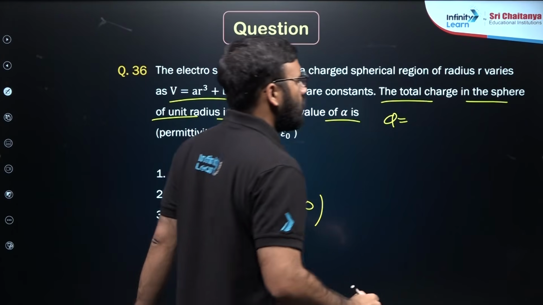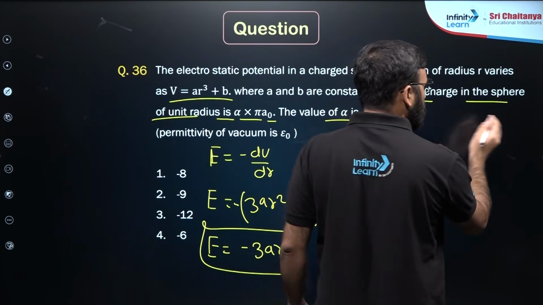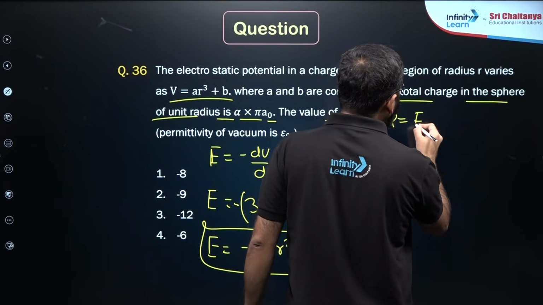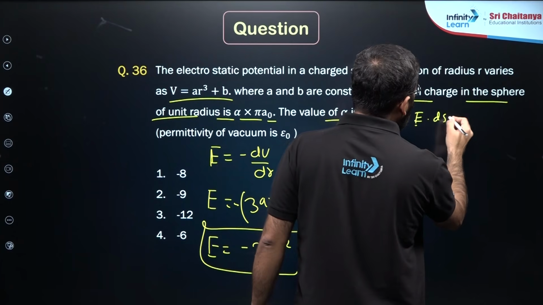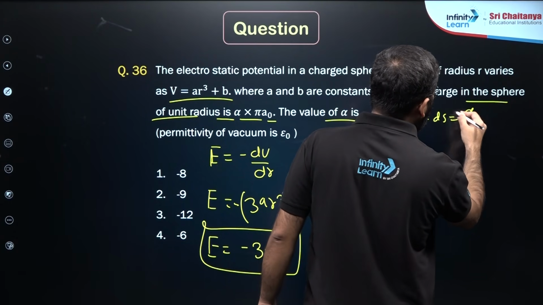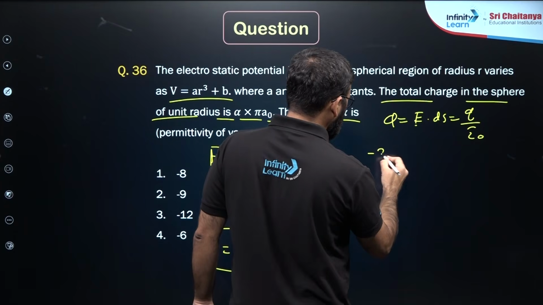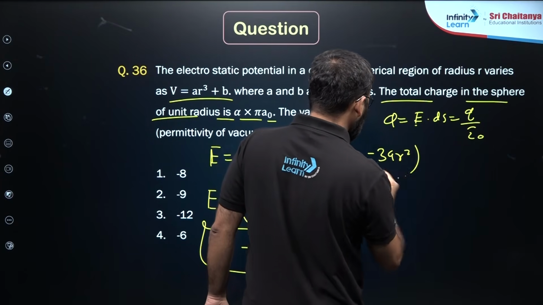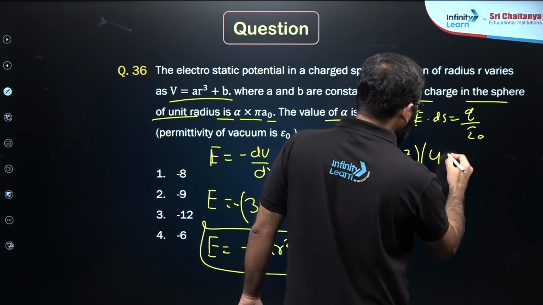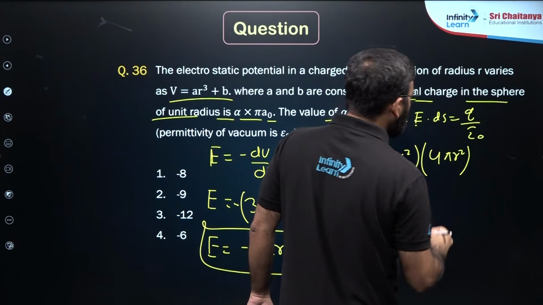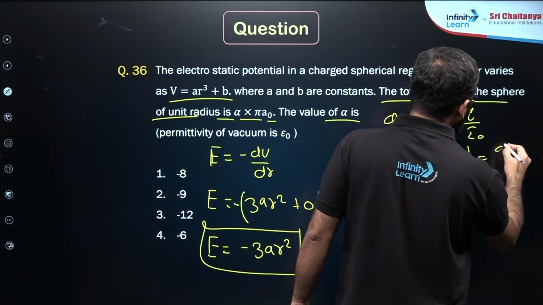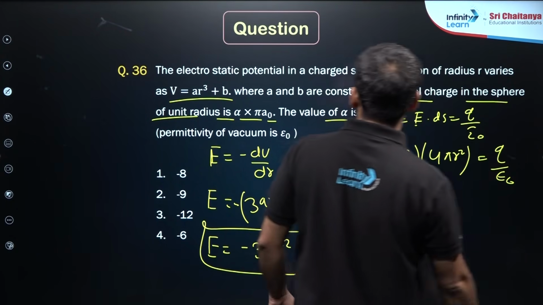Okay, so phi equals E dot ds equals the sum of charge of this one upon epsilon naught. So what is my E? That is minus 3A into r square. What is the area of the sphere? 4 pi r square, and equals q upon epsilon naught.